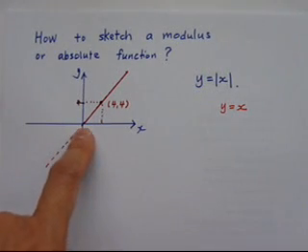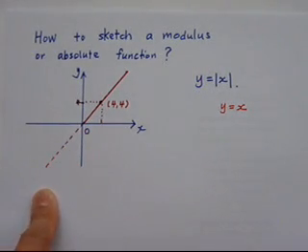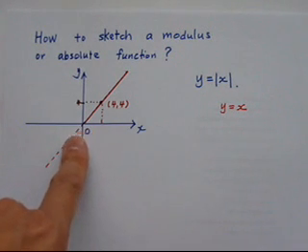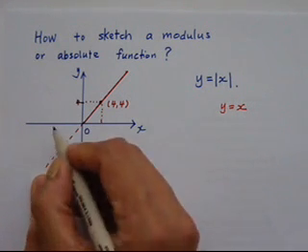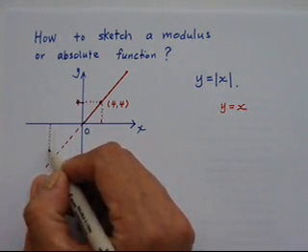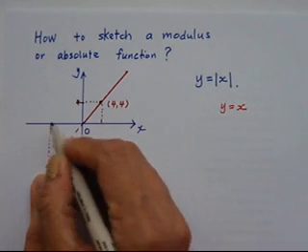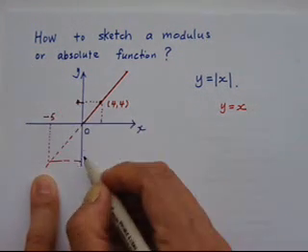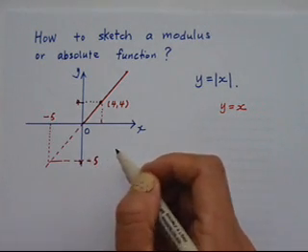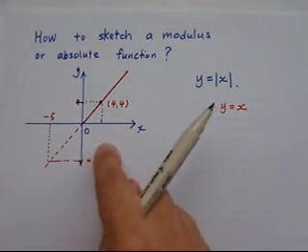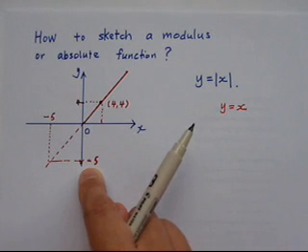How about those points that are below the x-axis? Those points have negative y value. For example, when x is minus 5, y is minus 5. So when I put a modulus on the minus 5, it becomes positive 5.